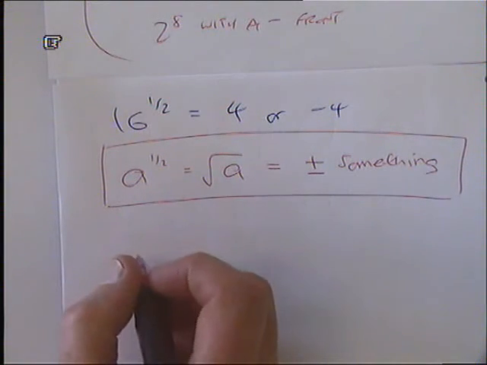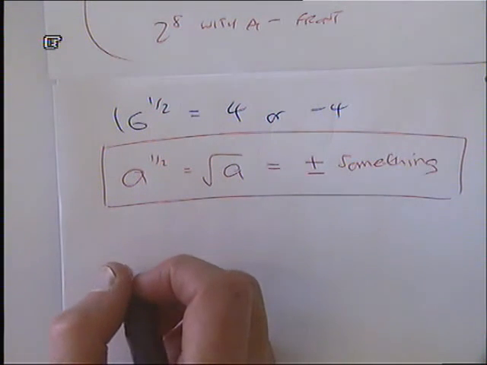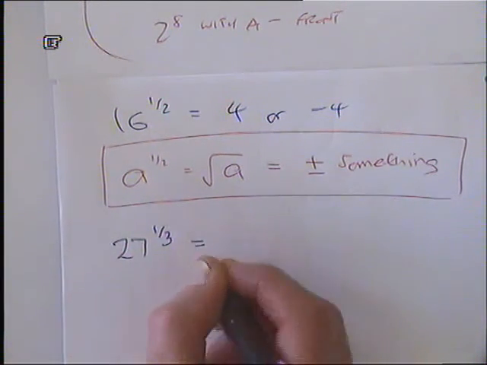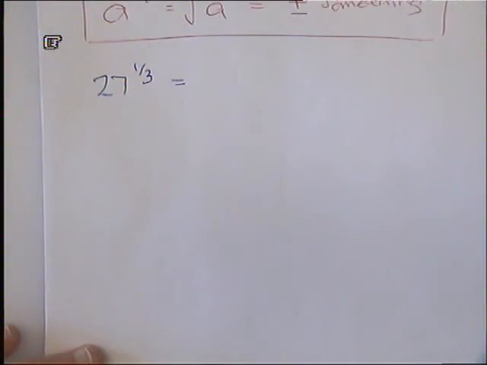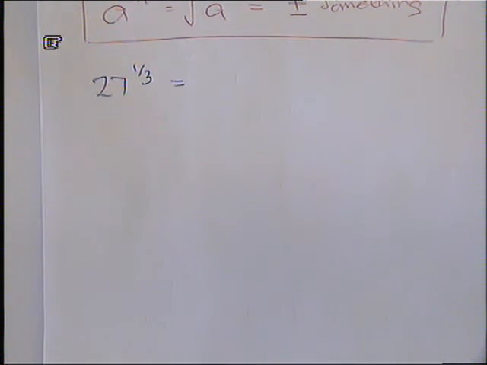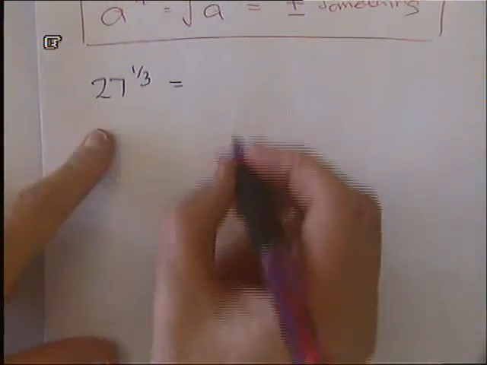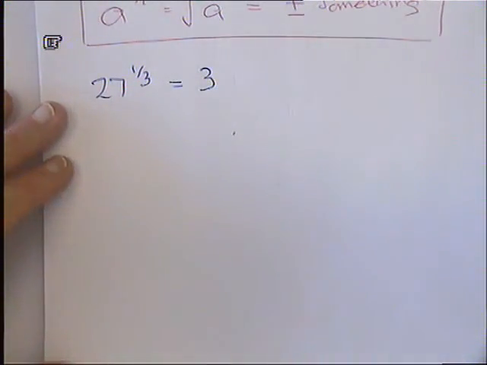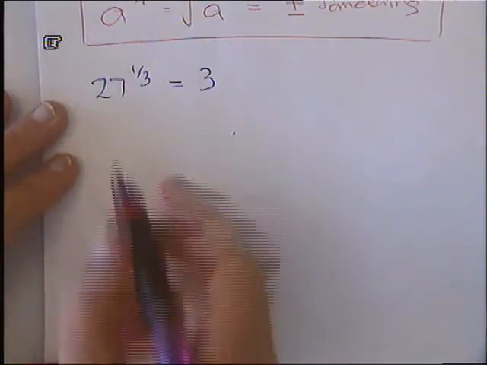So, what about 27 to the power of a third? Plus or minus 3 we have over here? No, he's got that one wrong. Yeah. It's a common thing that people say, okay? This one, it's 3. And I want to go through in a minute why it's not also minus 3.